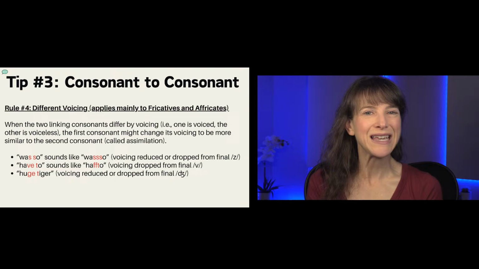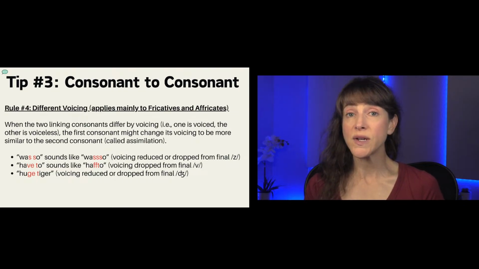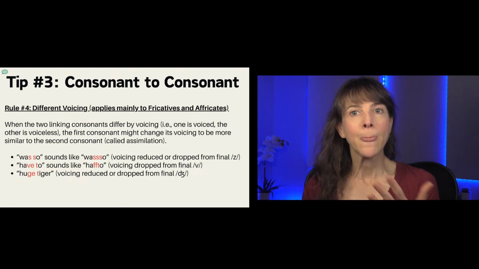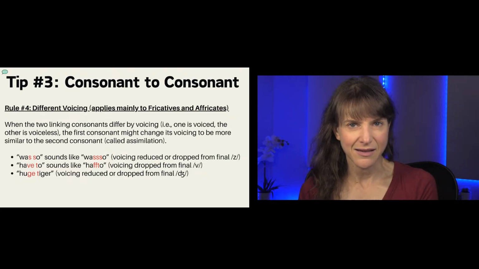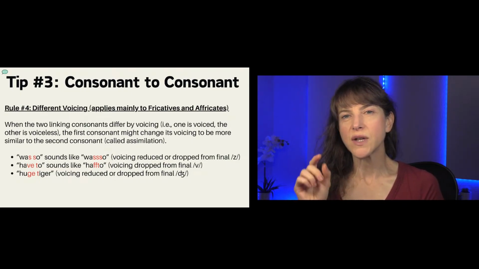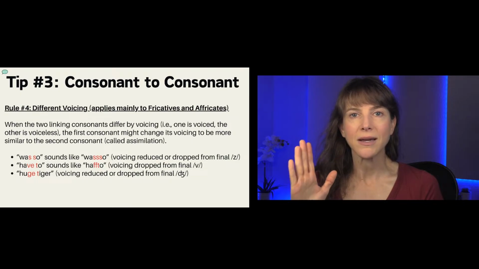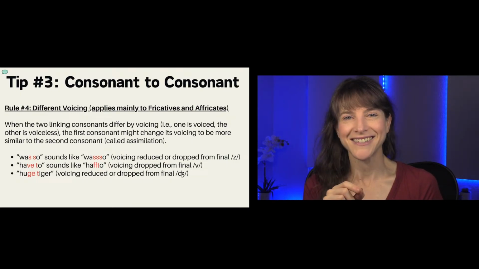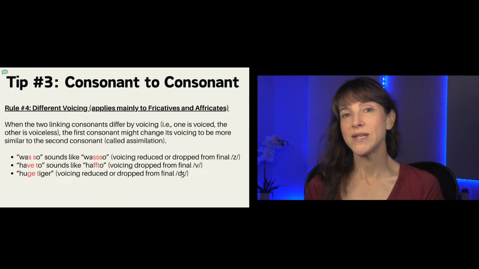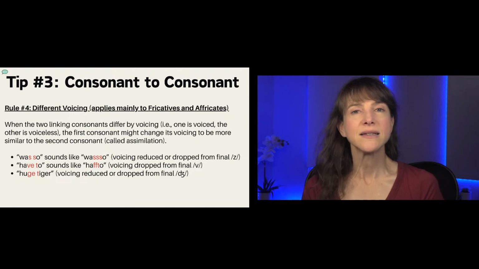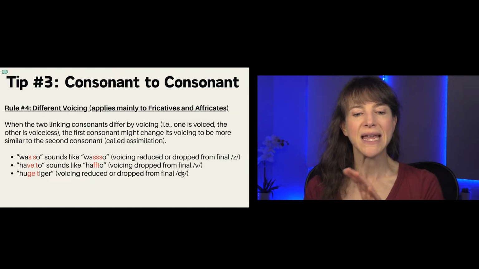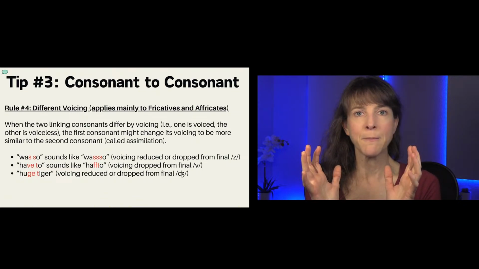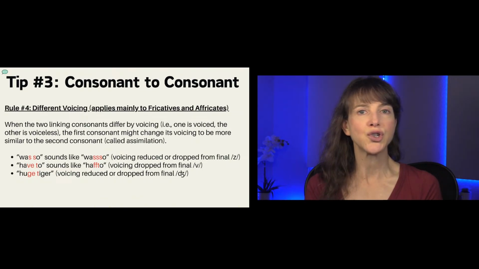So that Z will either reduce its voicing or drop it completely, so it sounds more like an S. Probably there's a little bit of voicing at the beginning, but maybe the last 75% of that Z sound is an S. Was so. It's not was so with full voicing. That's really hard to do, to maintain that full voicing of that final Z when you're linking. You just drop out that voicing.